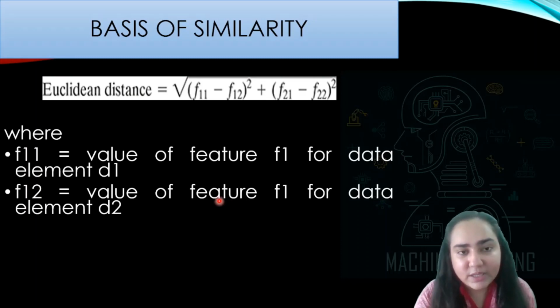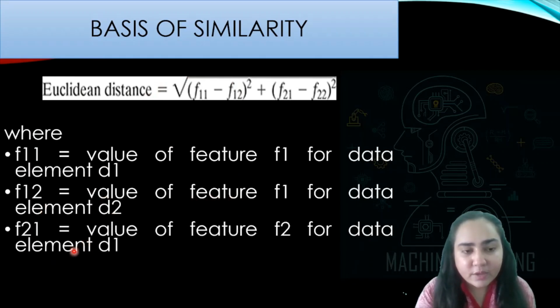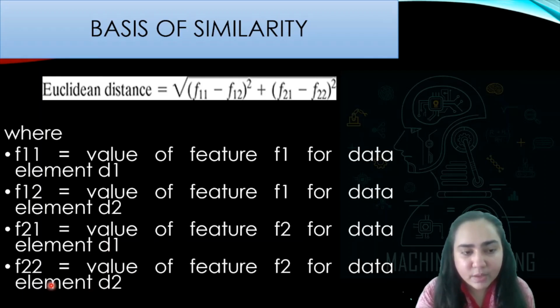So you're basically finding the distance between one row of your data set and another row. f21 is the value of feature 2 for data element d1, and f22 is the value of feature 2 for data element d2.